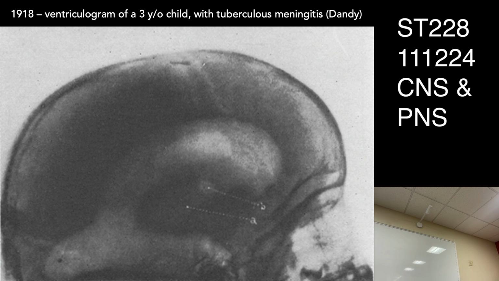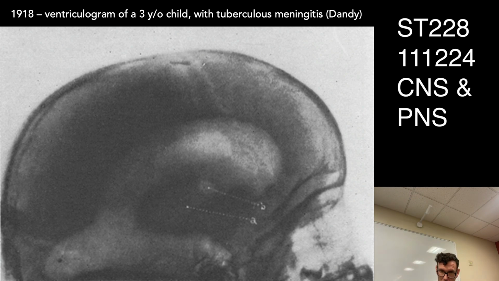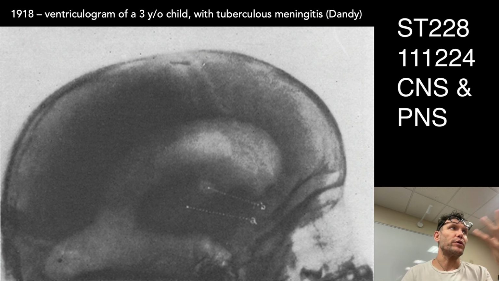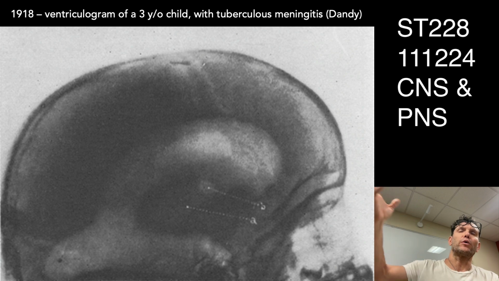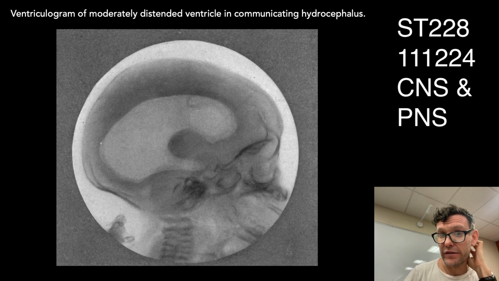So the child's in sepsis, with inflammation, overproduction of CSF, or probably actually a problem with resorption. He's probably got meningitis of the arachnoid mater, so the arachnoid granulations are not resorbing the cerebrospinal fluid. It's causing this sort of hydrocephaly in that child.